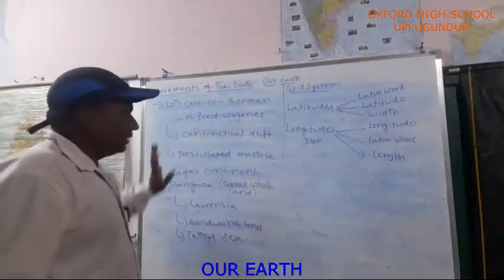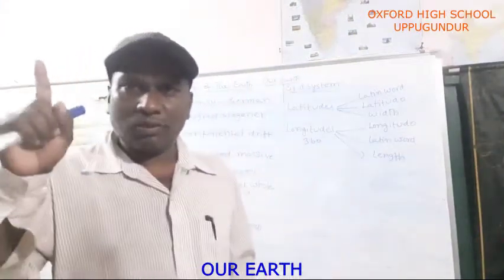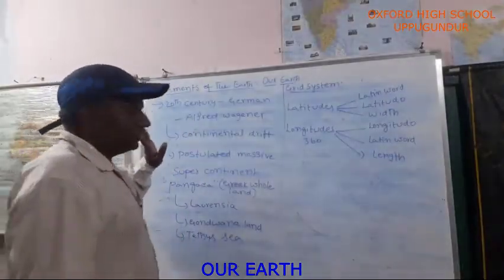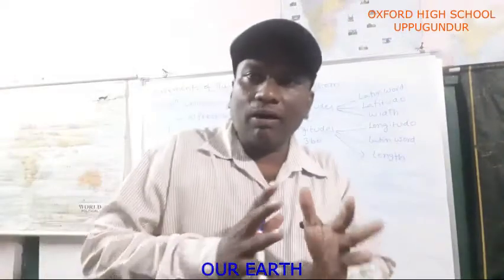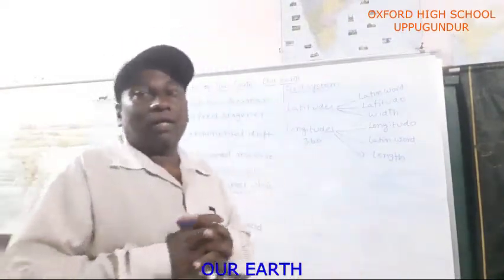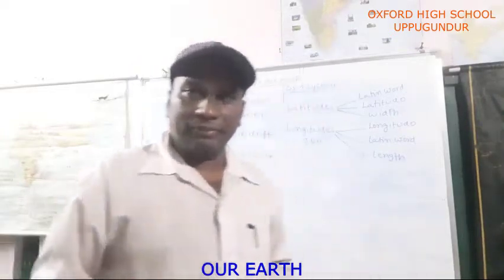So, who postulated continental drift theory? The German meteorologist and geophysicist Alfred Wegener. Continents are constantly moving, slowly moving. It is not an observable thing. Suppose you say, show me, sir, how continents are moving.